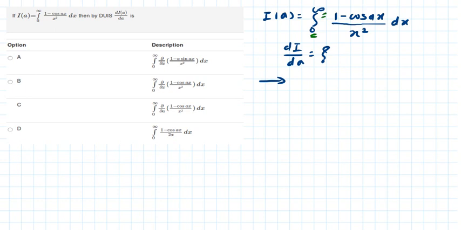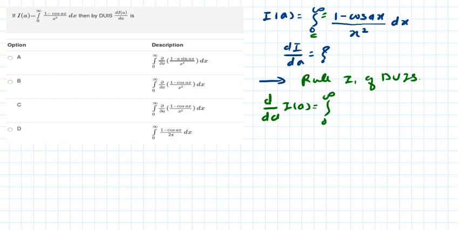Limits are 0 to infinity, means we need to use rule 1 of DUIS. So what says rule 1? If you take differential of I with respect to the parameter, in this case parameter is a, of I of a equal to integration 0 to infinity del by del a of the given function 1 minus cos ax upon x square dx.